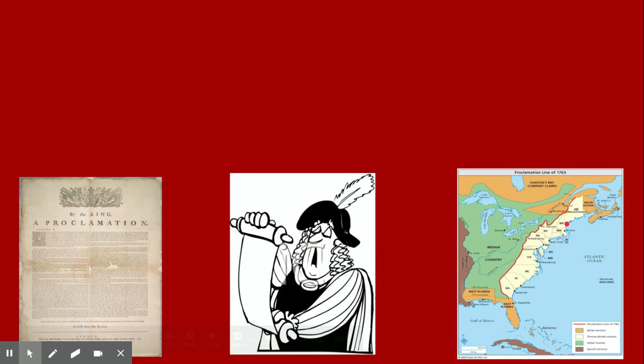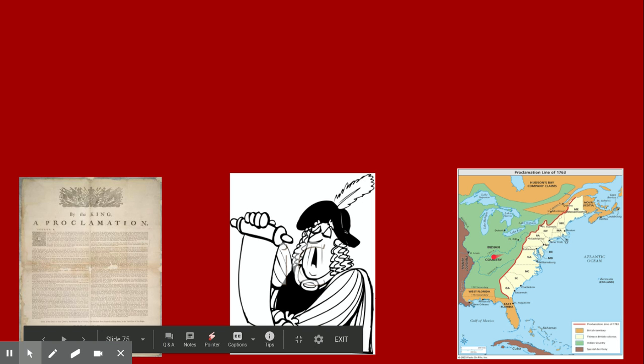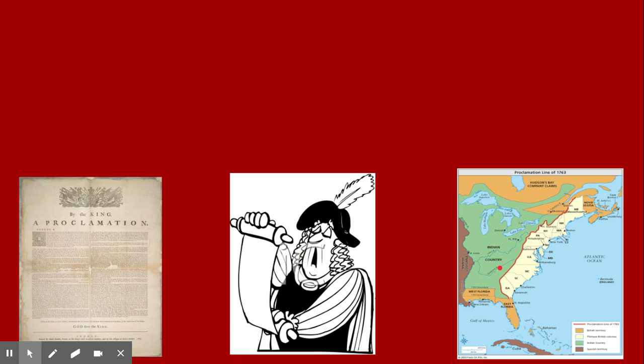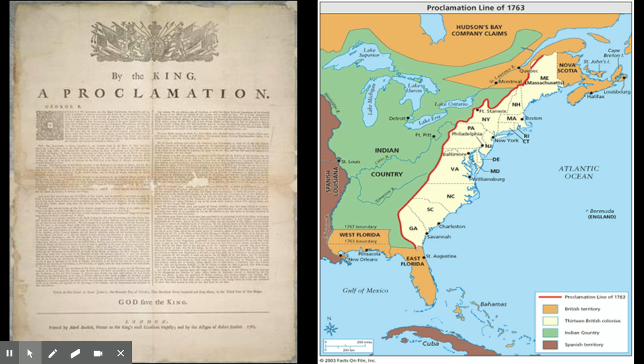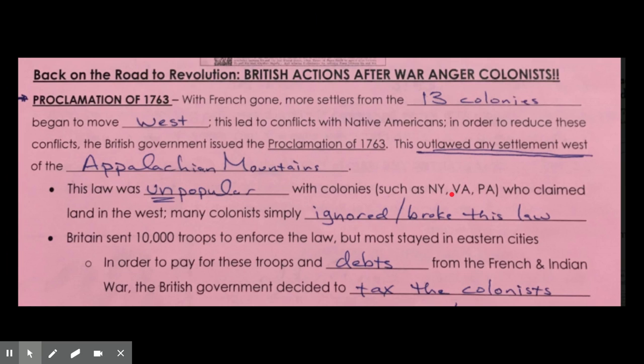He is going to proclaim that this land west of the Appalachian Mountains is off limits to the English settlers. It says no good, can't go there. Which the Native Americans probably enjoyed because their lands are protected for a little bit at least. The colonies, not so much.